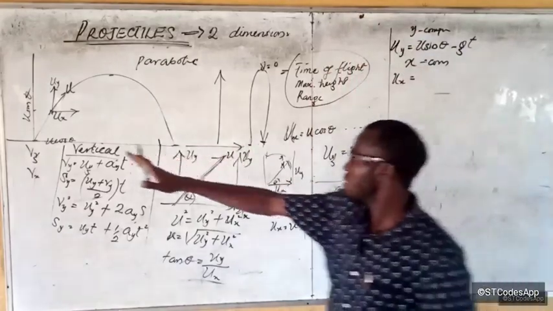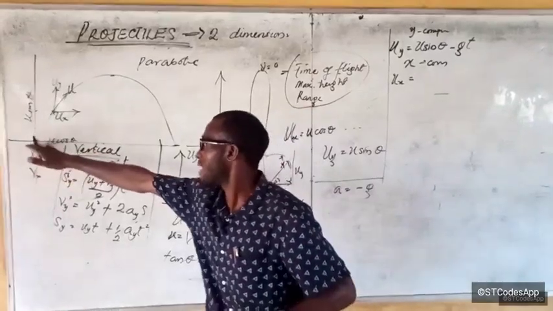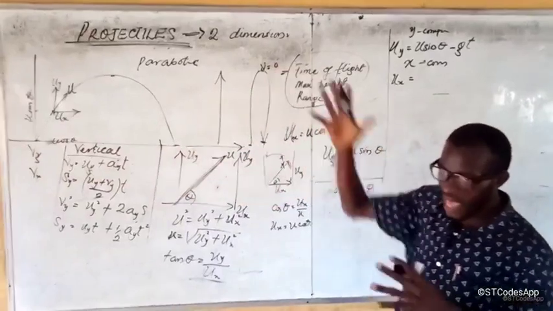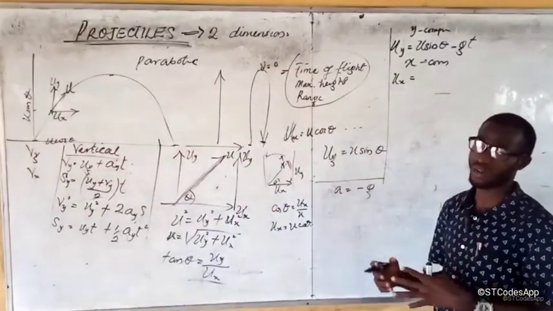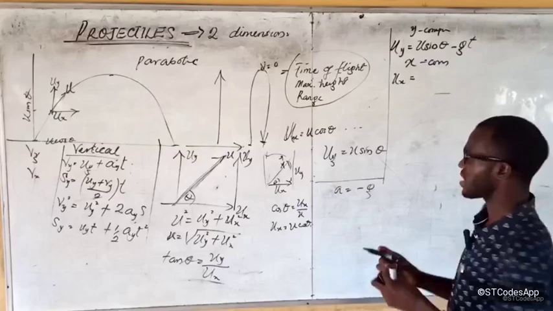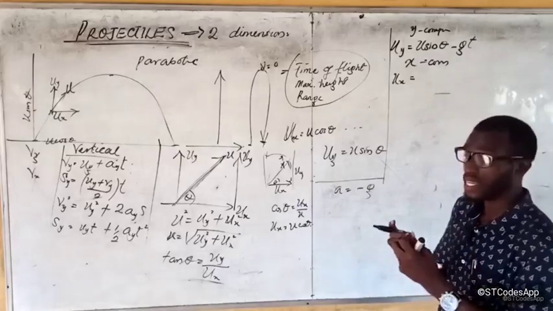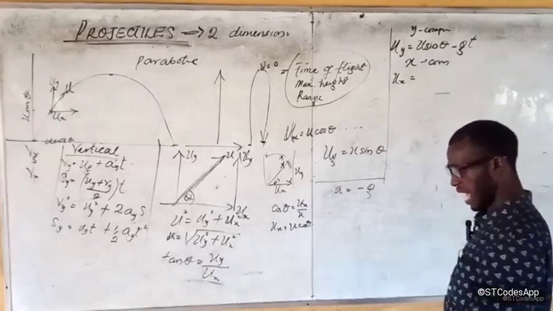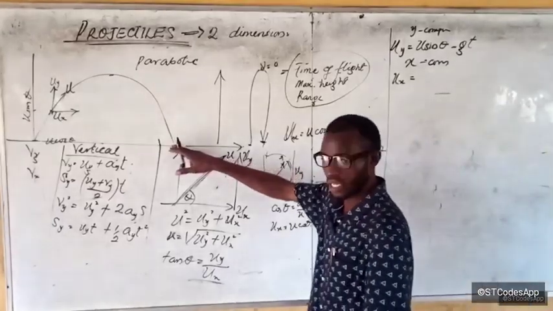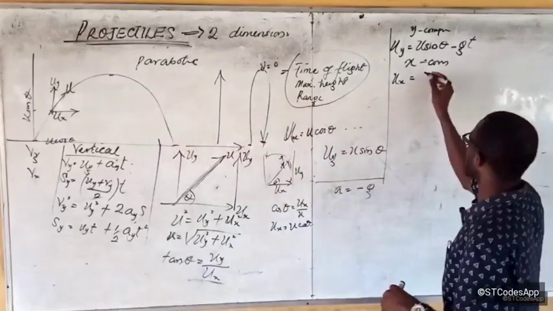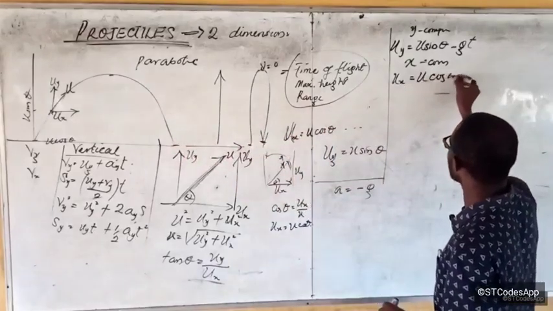Also here, the reason why we are not using v is because by the time the body gets to the maximum, the velocity will be 0. At the end of the day, when the body gets to this place, it stops. v is also 0, so we are using u for that reason. It's going to be u cos theta here.